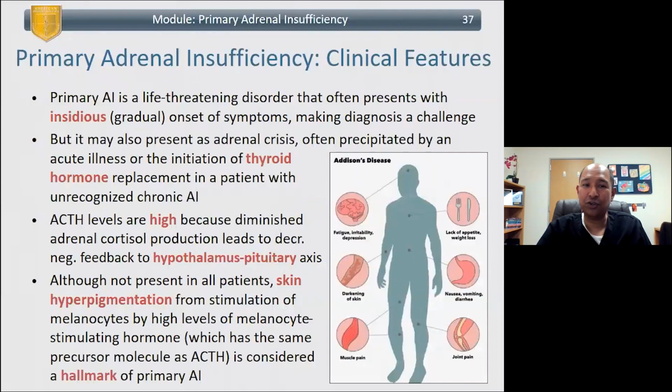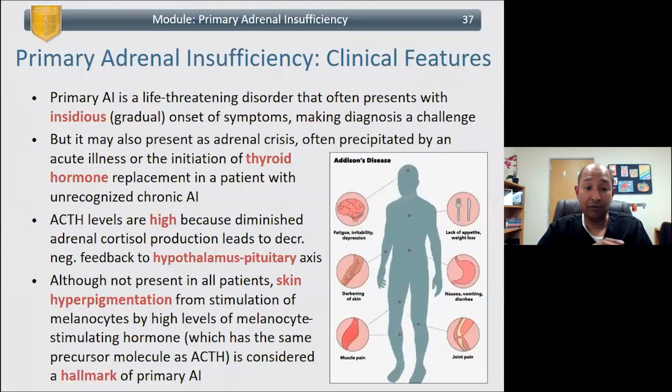So clinical features: primary adrenal insufficiency is a life-threatening disorder that often presents initially with an insidious and gradual onset, therefore making a diagnosis can be challenging. It may also present as adrenal crisis after an acute illness, or sometimes you're initiating thyroid hormone replacement and you didn't realize the patient also had adrenal insufficiency, and that can cause it.